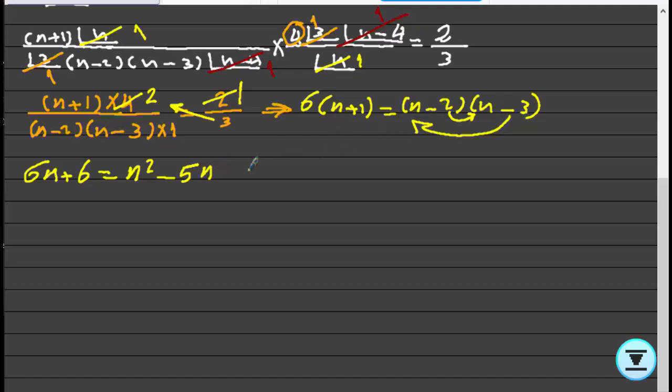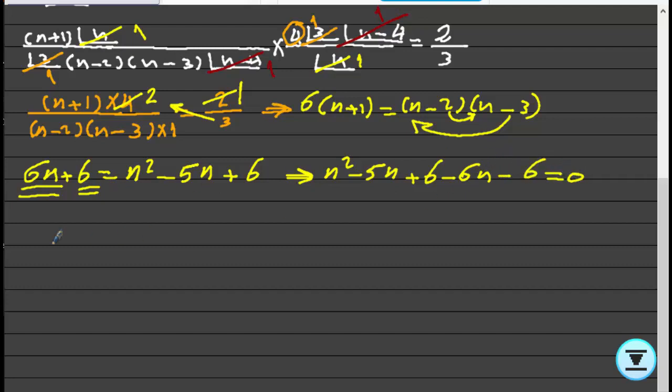Negative 2 multiplied by negative 3 is positive 6. What does that mean? n squared minus 5n plus 6, minus 6n, minus 6, all equal 0.